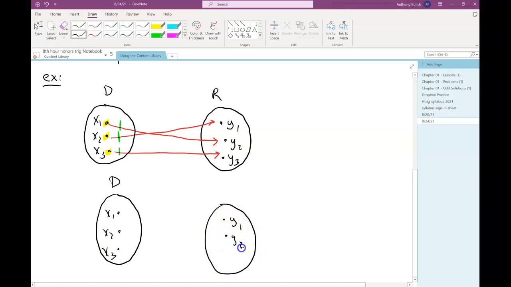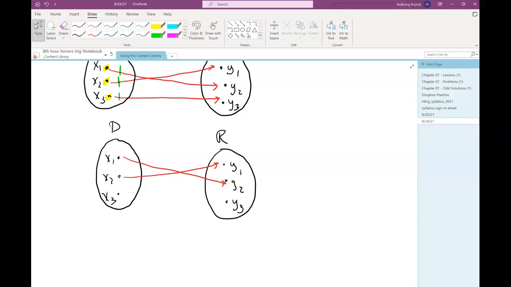So let's say we have a domain and range and say something like this. Does this represent a function? No, why not? Because not every domain factor has a range partner. Yeah, x3 isn't paired with anything, right? If I wanted to make this a function, I could do something like that. If I added that arrow, then it would represent a function, right?